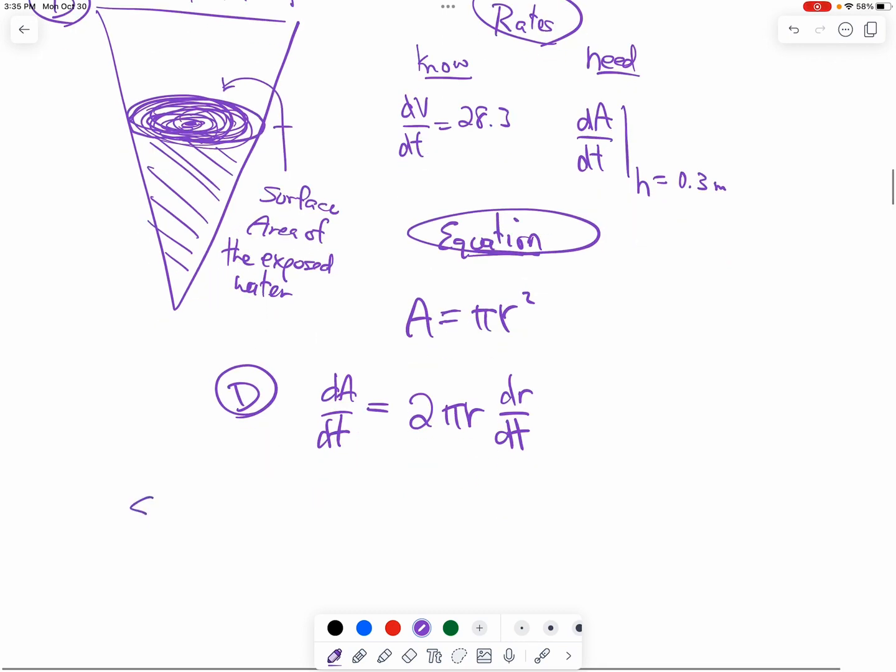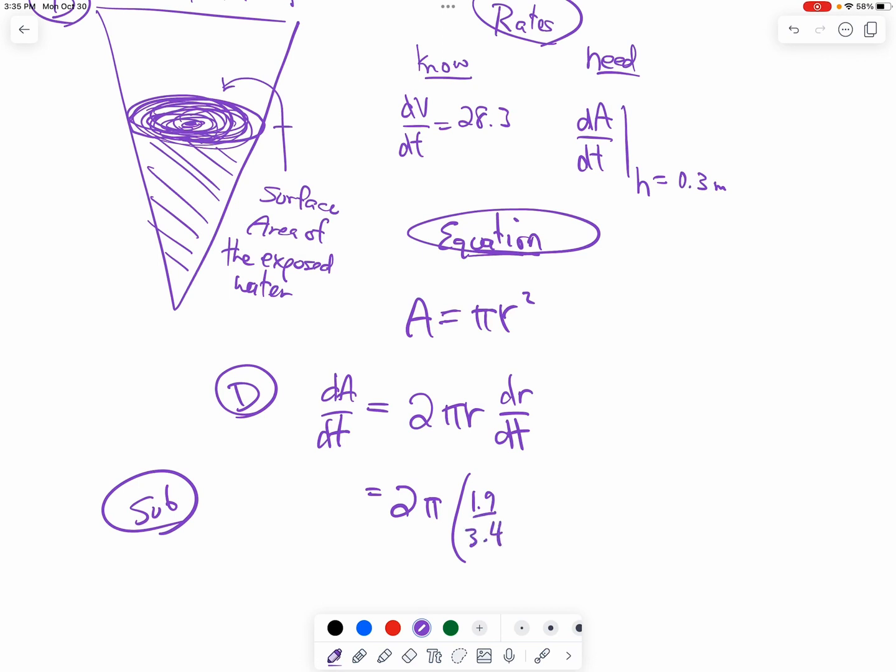All right, time to substitute. We're looking for dA dt. We have 2, we have pi, we have the radius at point 3. I think we found it. That's 1.9 over 3.4 times 0.3 from that previous problem. And then the dr dt, no, where are we? Oh yeah, dr dt was from the previous problem.